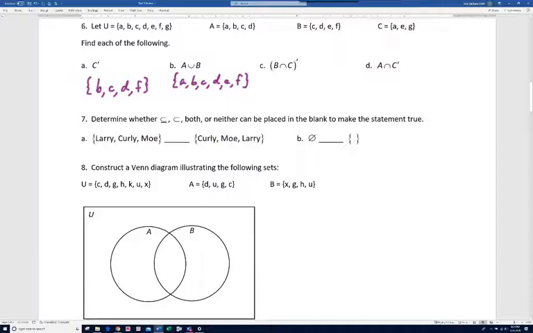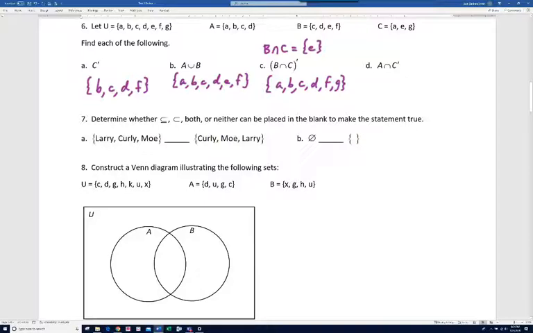B intersect C is what the two sets B and C have in common, the elements that are in set B and in set C. If you look at B and C, the only thing they have in common is E. And so we're going to write down the universal set except for E. So A, B, C, D, F, G.